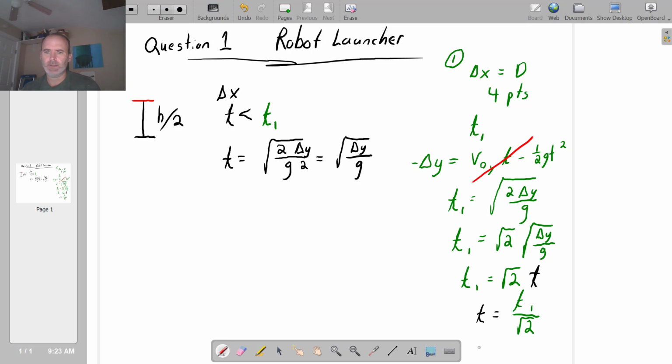So I'm going to write that down here in black. So t is equal to 0.7 t1. My new time is going to be 0.7 times my original time.